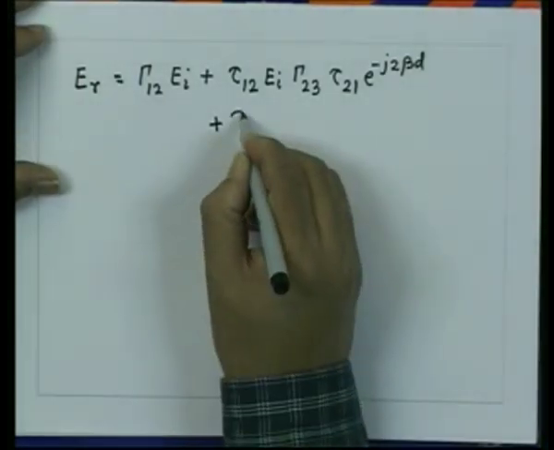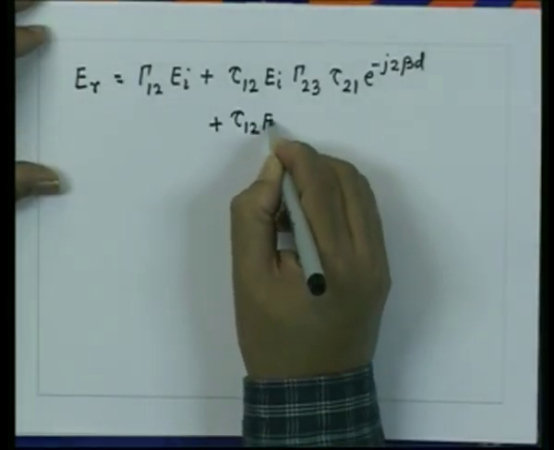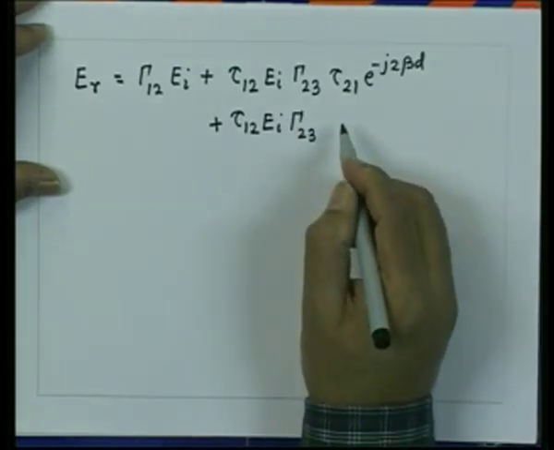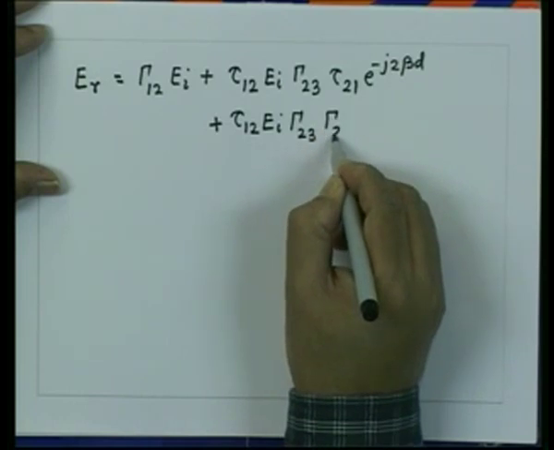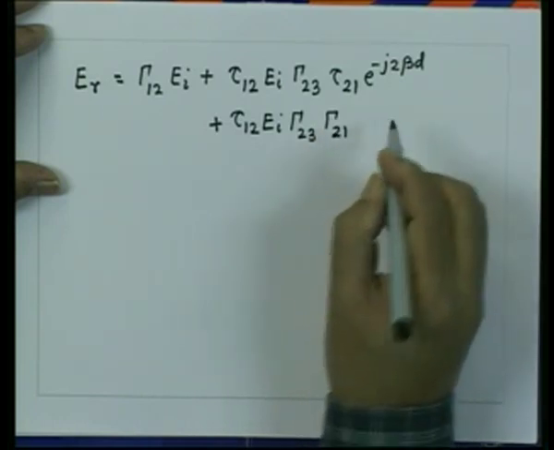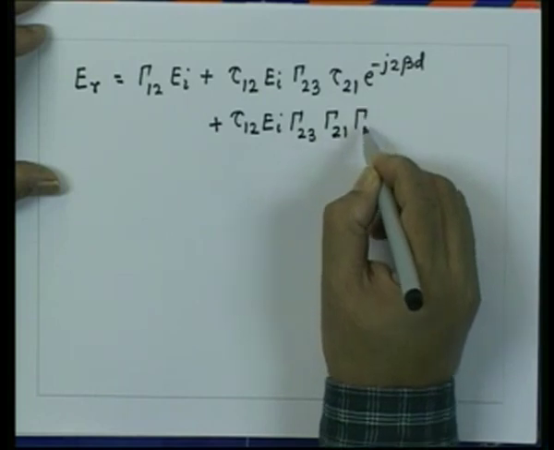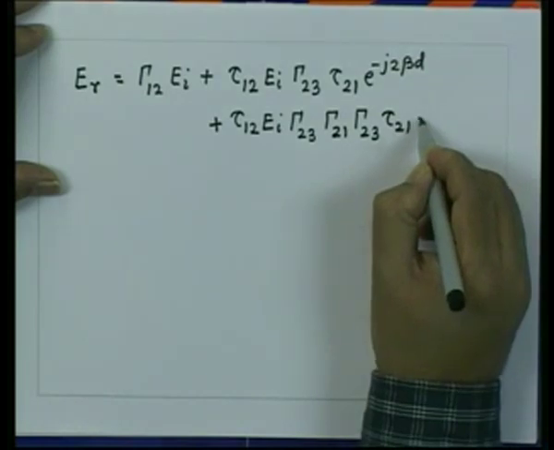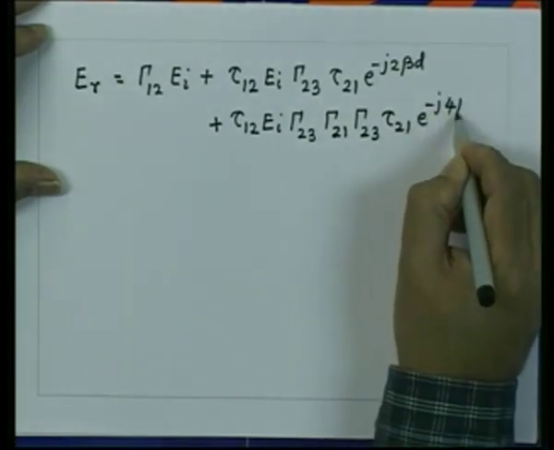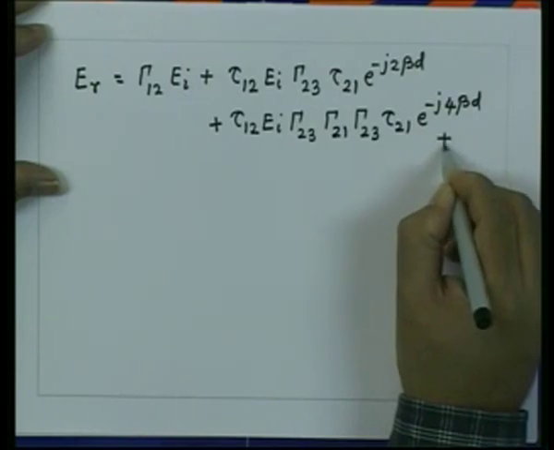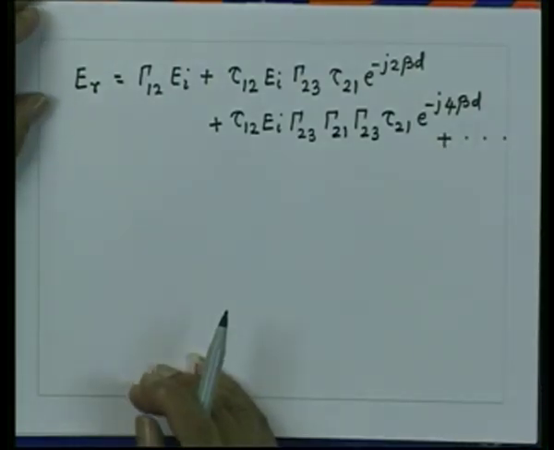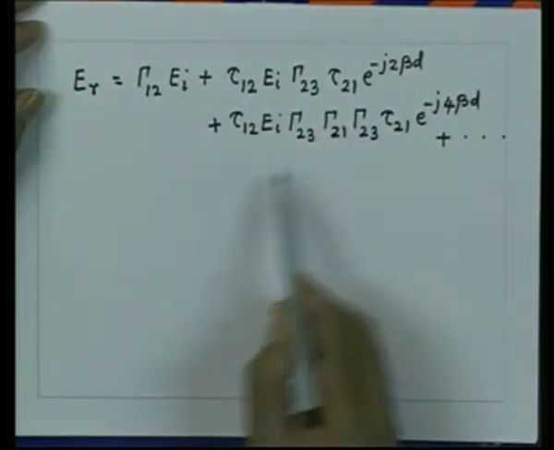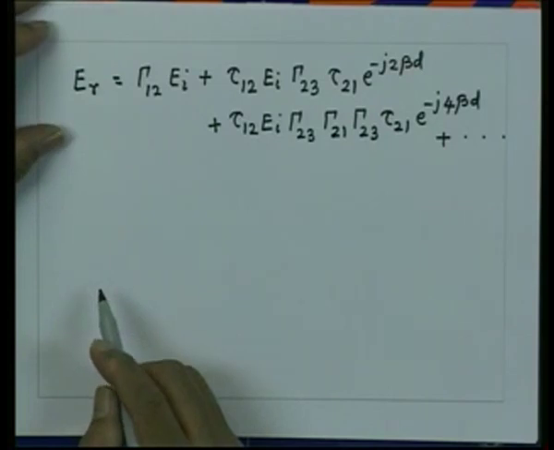That is equal to tau 1 2 E I gamma 2 3 gamma 2 1 gamma 2 3 tau 2 1 e to the power minus j 4 beta d plus and so on. So, essentially if you see, if I take this quantity common, you will have now a geometric series for this.